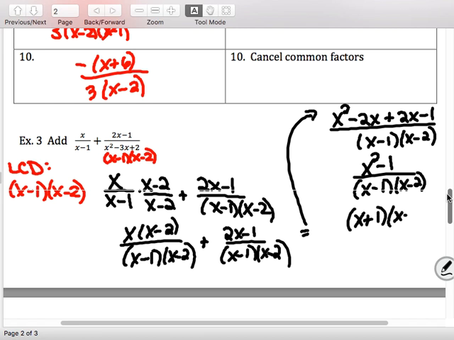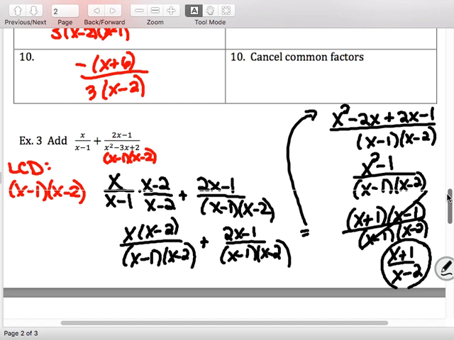X squared minus 1 is a difference of 2 squares, and I can cancel my common factors and get x plus 1 over x minus 2. I cannot cancel those x's because they're terms. Let me go back to my restrictions because that'll help me when I solve rational equations in 8.6. So x can't be 1 or 2.